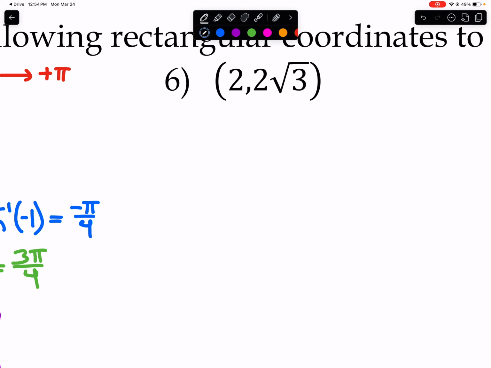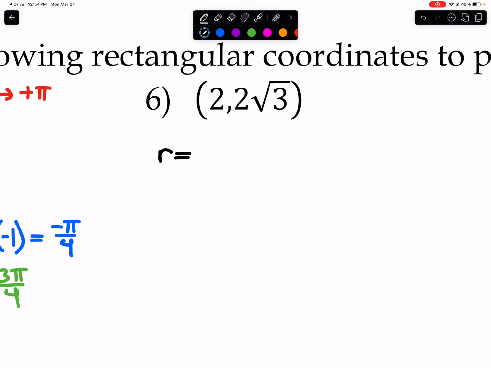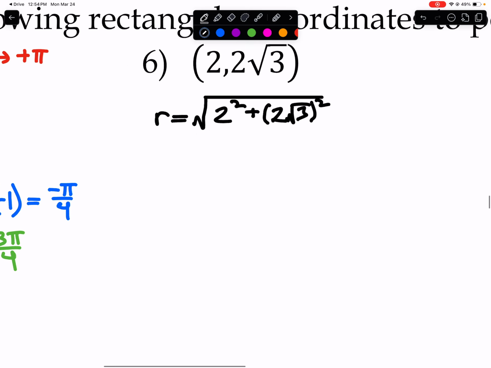So with 6, we're going to go ahead and find our r value, which is the distance from the pole. So once again, we're going to do square root of those components squared. So I'm going to have 2 squared plus 2 root 3 all squared. Now what's going to happen is I'm going to do 2 squared, which is just going to give me 4.